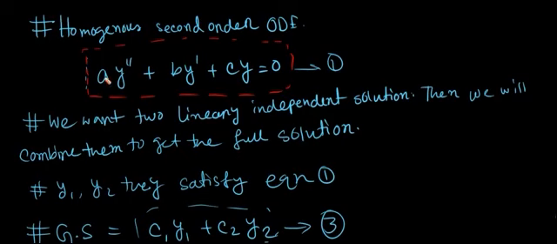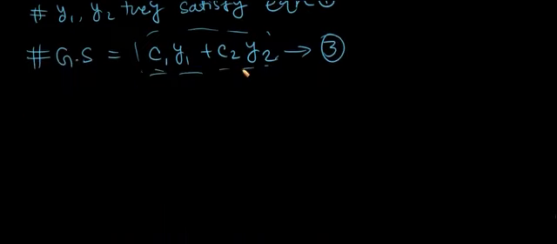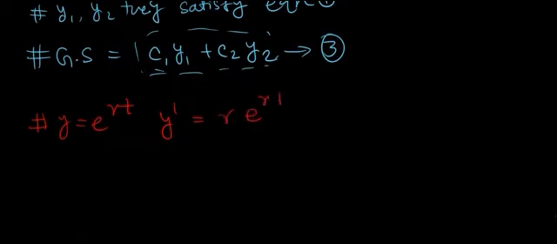So that's where this idea comes from. We want to retain the shape, and a possible candidate is e to the power rt, because if you differentiate it one time, this is just r e to the power rt, which is just ry, right?